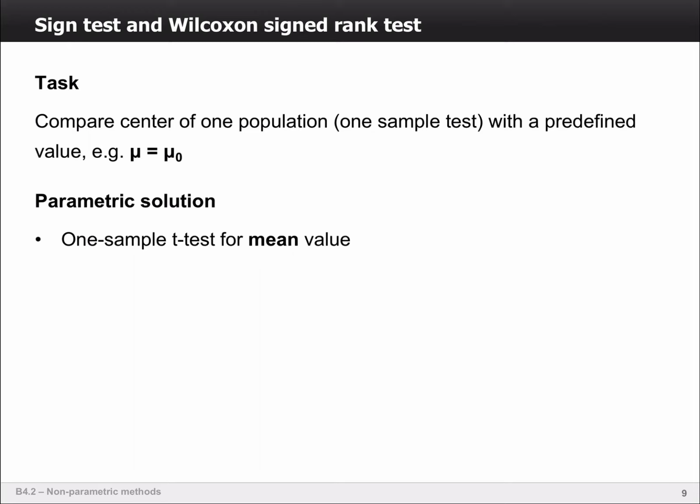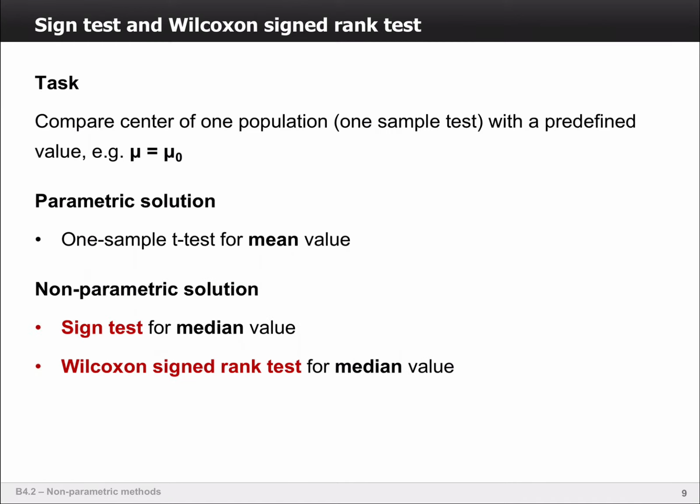Unfortunately, the average value is very sensitive to all kinds of outliers and to asymmetry in your distribution, so we cannot use the average here, but we can use another statistic which is also very good to estimate the center of the distribution, which is the median. And the median is quite stable to problems in your data. So we are going to make a test for the median of the population, and actually there are two possibilities, two different tests. It's the sign test and the Wilcoxon signed rank test. Well, in reality, you will always use the second, but I would like to start with the first because it's very intuitive. It gives you an idea how non-parametric methods actually work.